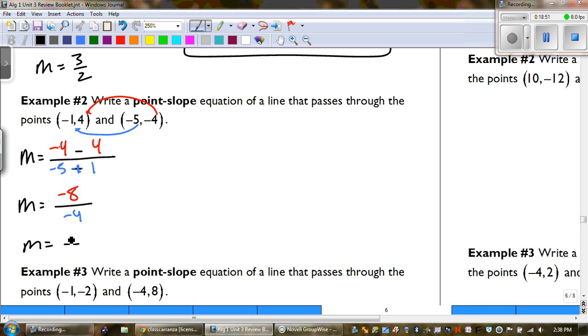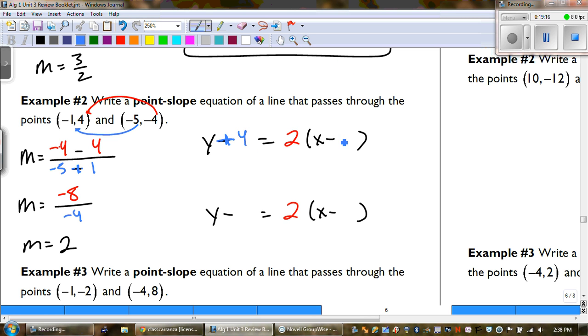And that reduces to a, oh, that turns to a +2. Okay? Okay, remember, either one of these is going to be correct. It just depends which point you use. Did you use the -5, -4 one? Or did you use the -1, +4 one?